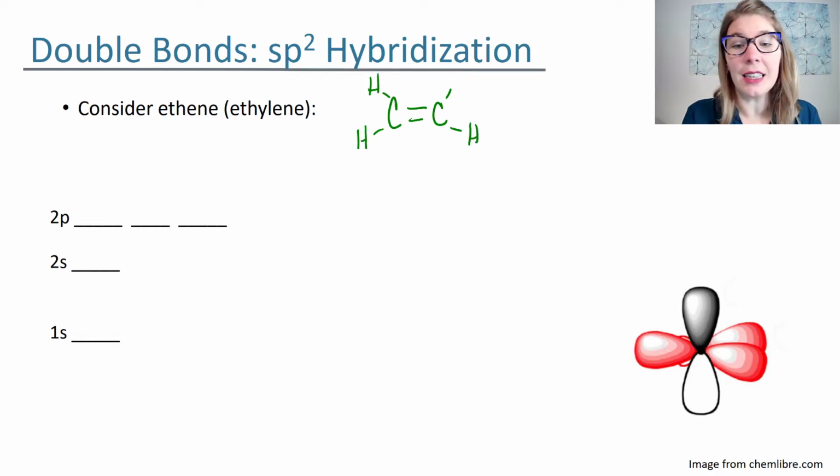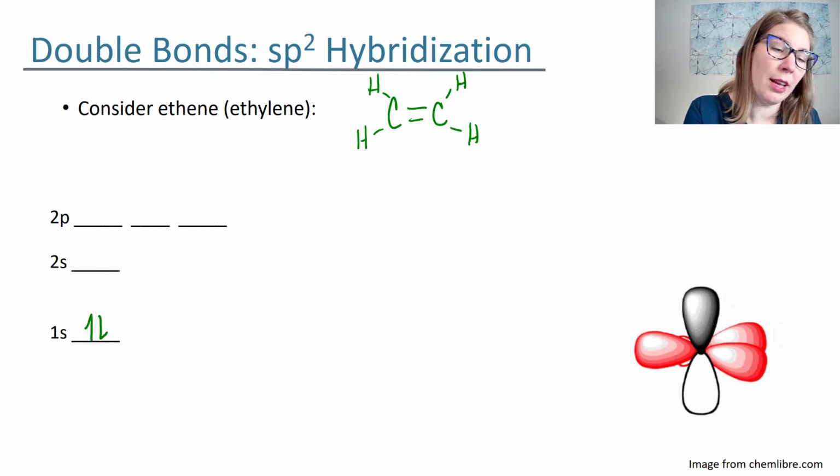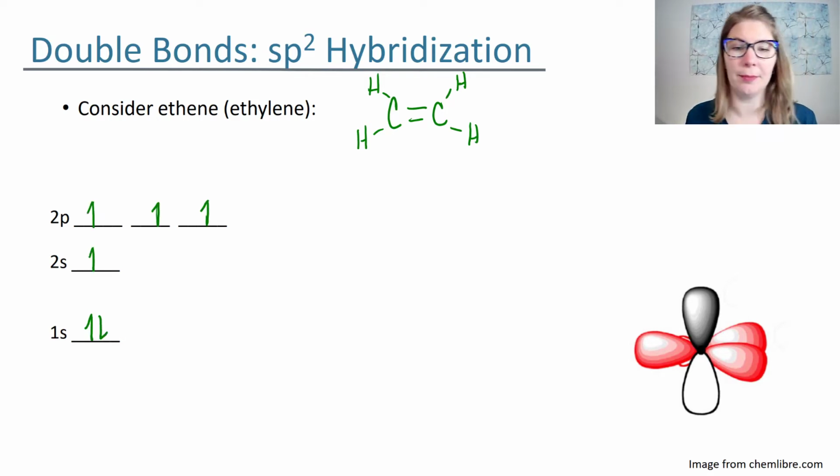And in ethene, notice how now we have a carbon-carbon double bond. Let's continue to start this process with our excited state electron configuration for carbon. We have a carbon in our ethene, and it doesn't matter if you choose the one on the left or the right, that has 3 electron groups around it.